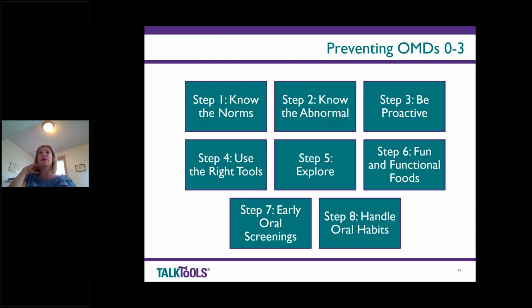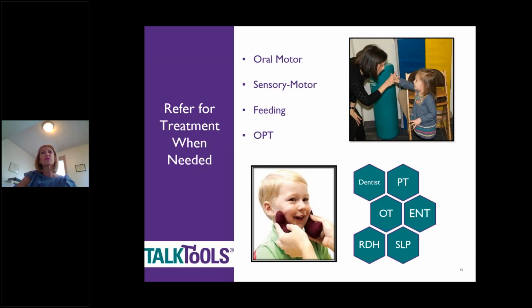Step 5, exploration with the mouth, very important in the 4 to 6 month old range. Step 6, using fun and functional foods, taste, sensory, size, and shape. Step 7, making sure these babies are getting the proper early oral screenings. And 8, handling of the oral habits.